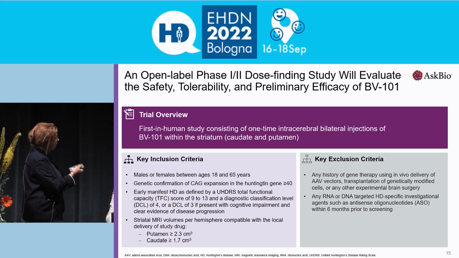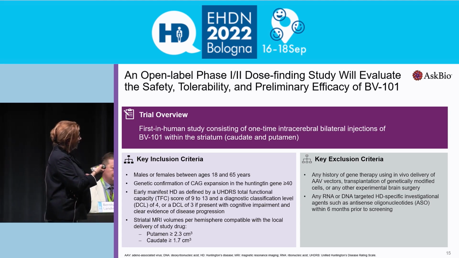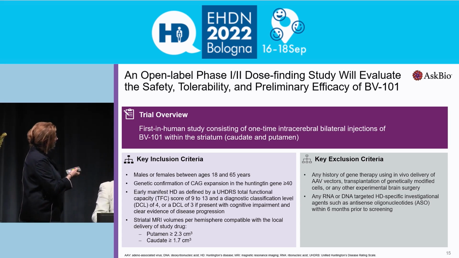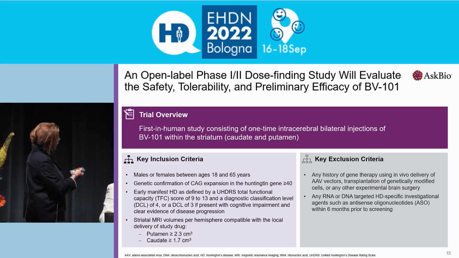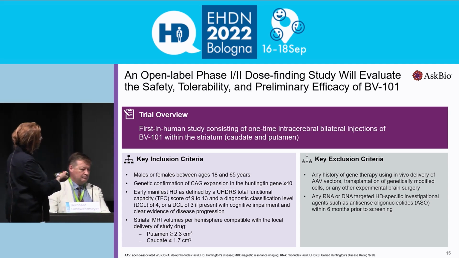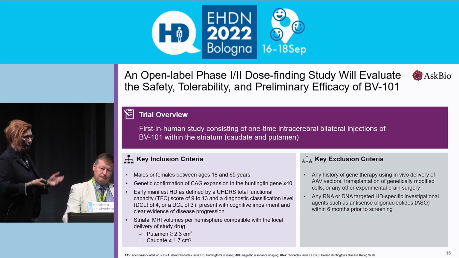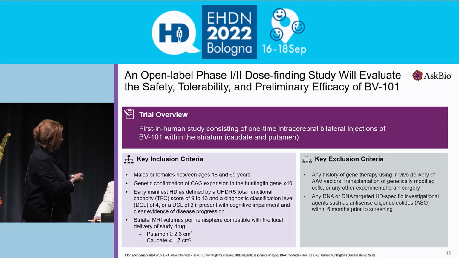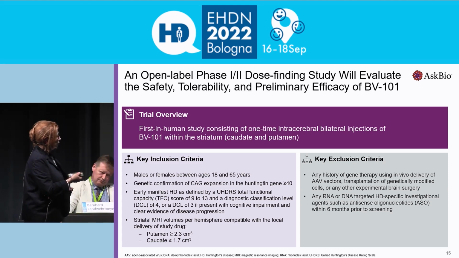In terms of inclusion criteria, CAG repeat expansion above 40, and total functional score of 9 to 13, and an MRI volume. As you've heard before, we decided to use volume over 2.3 cubic centimeters for caudate and 1.7 for putamen.